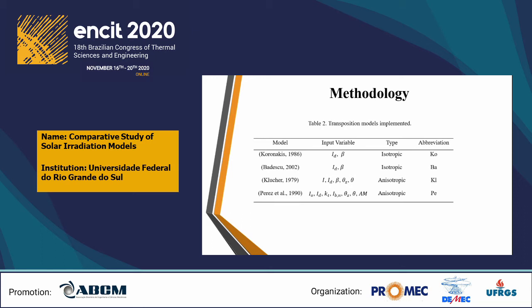Table 2 presents the transposition models that will be considered in this study: two isotropic models, Koronakis and Badescu, and two anisotropic models, Klucher and Perez. These models were selected because they are widely cited in the literature.